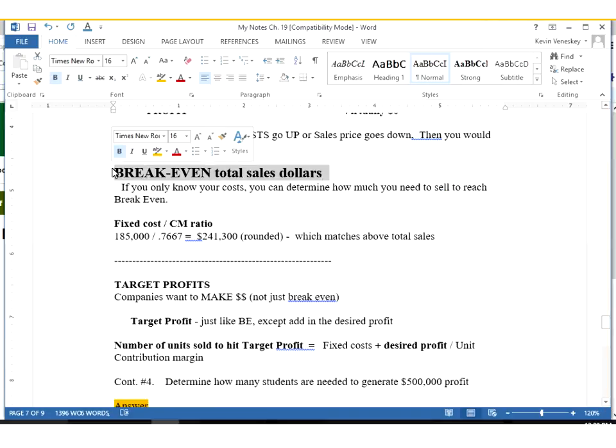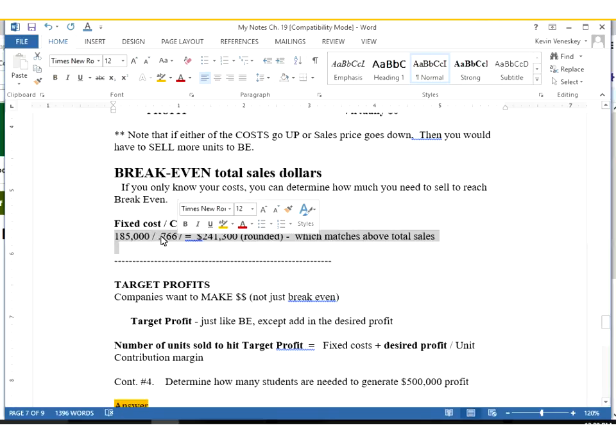Now, the other way to get break even is to do break even in sales dollars. Before I said, how many students do I need to break even? This way says, how much money do I actually need to bring in to break even? And the easiest way to do this is you just change your denominator here. Instead of using contribution margin per unit, we use our contribution margin ratio.